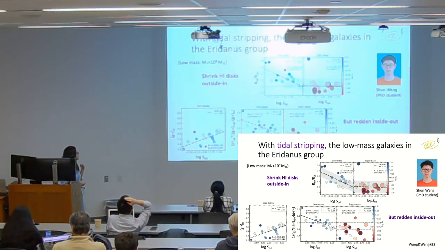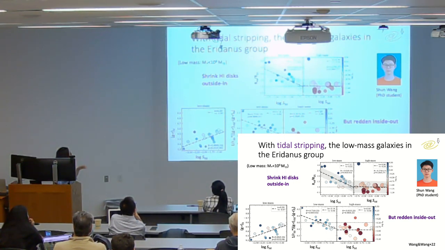We found that with the stronger tidal forces at the edge of the optical disks, the size ratio of the H1 disk over the optical disk tended to drop when the tidal stripping becomes stronger. And such an effect is much more significant for the low mass galaxies than for the high mass galaxies. So H1 shrinks due to the tidal stripping.